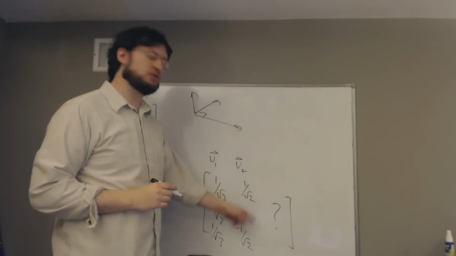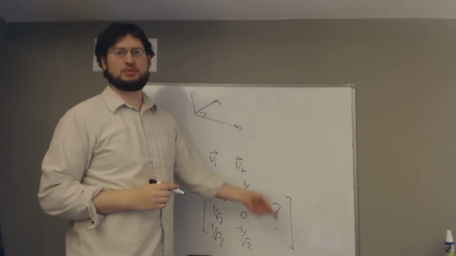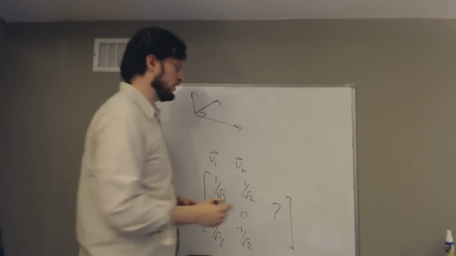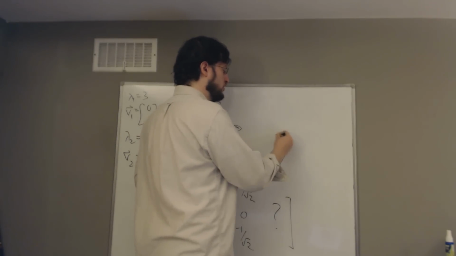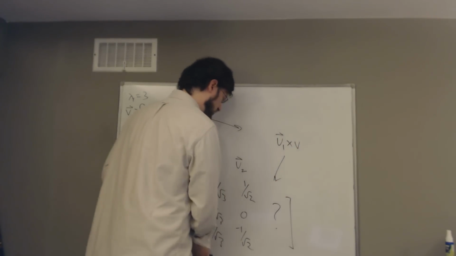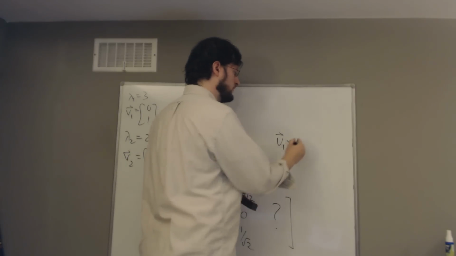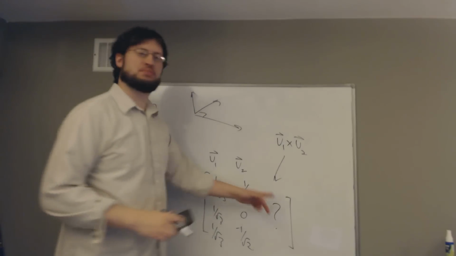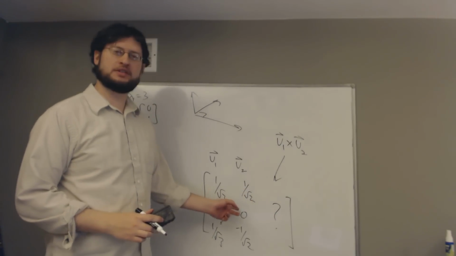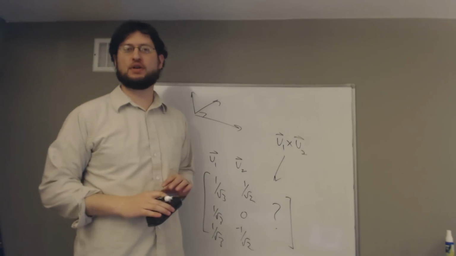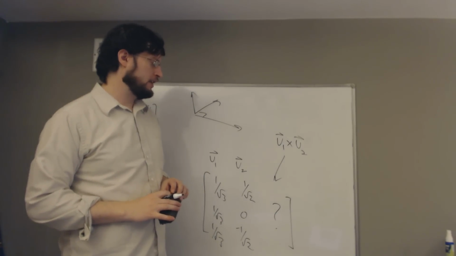And in fact, since these are unit vectors, the length of the cross product is going to be a unit vector as well. So what I'm going to put in here is U1 cross U2. That will be a vector which is perpendicular to both of the starting ones, which means we actually get a basis for R3 out of that.